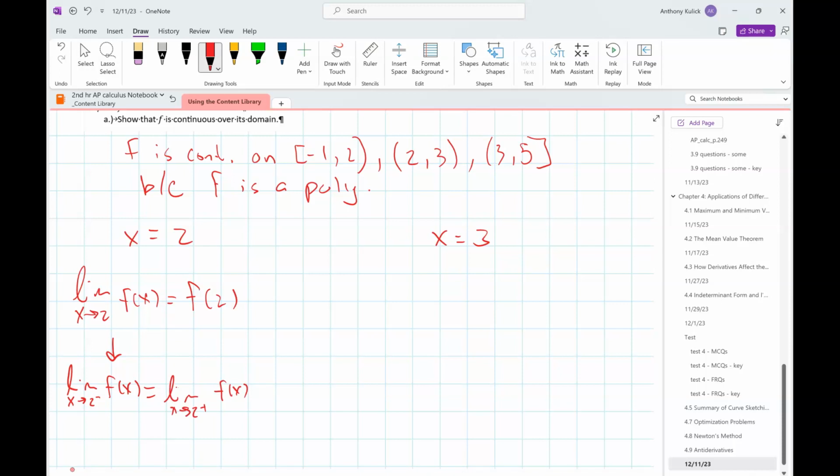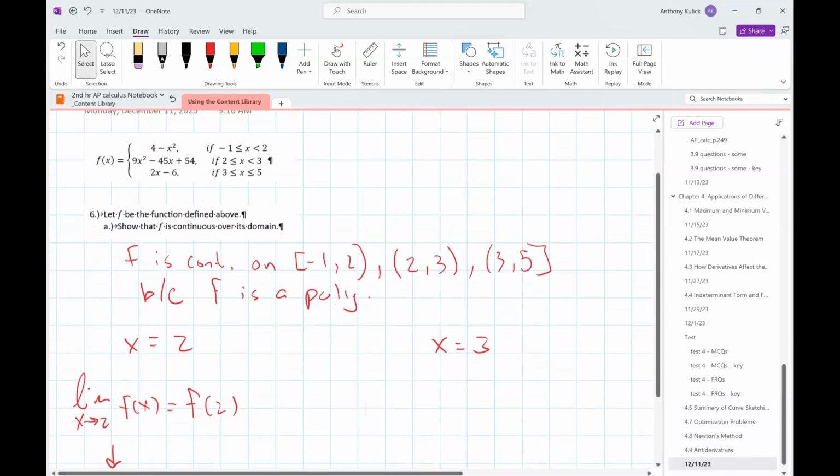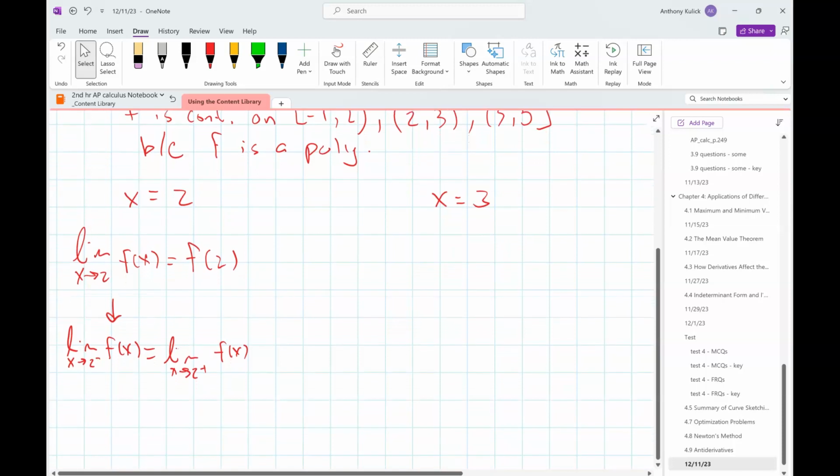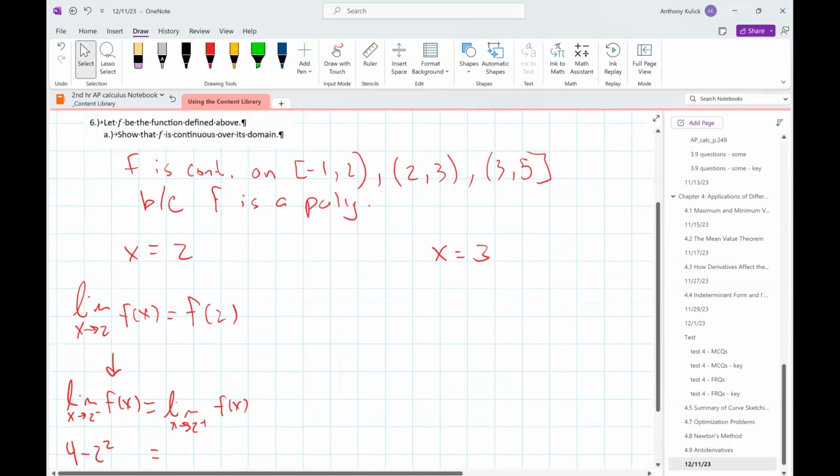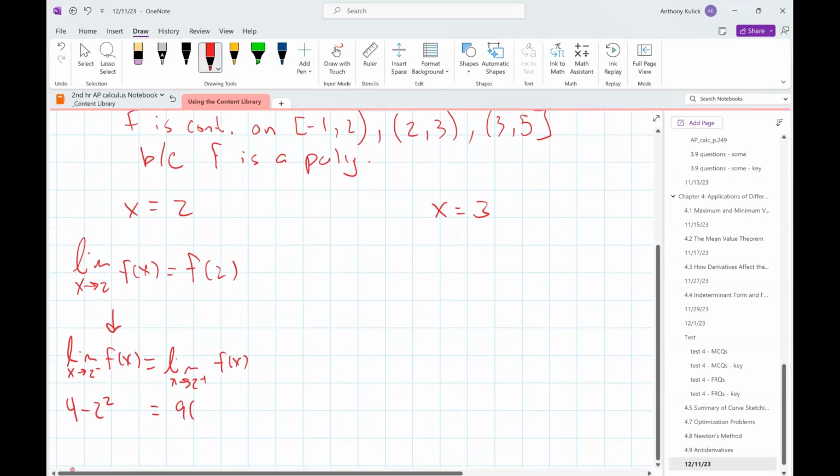Everybody's okay with that? To do either of these limits, since f is a polynomial, I can just do direct substitution. So if I plug 2 in here, I have that, which is 0, which is the same thing as if I plug 2 into there.